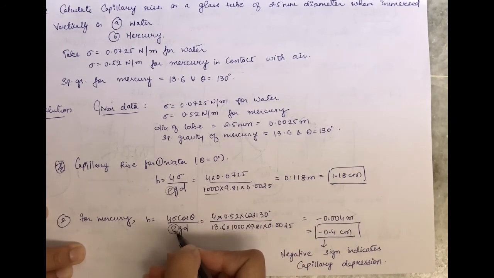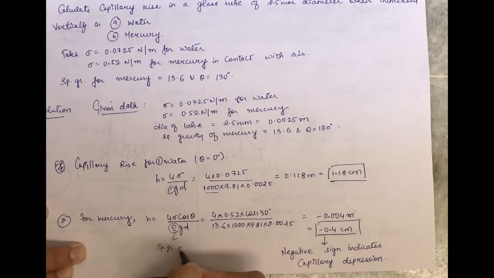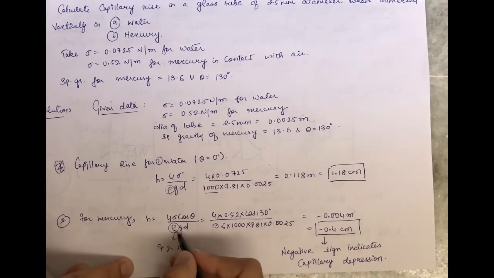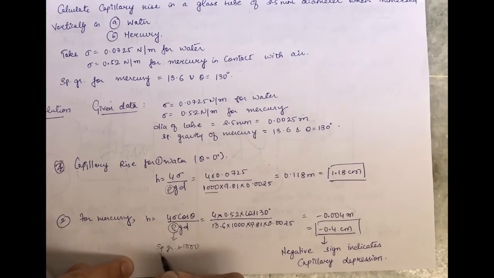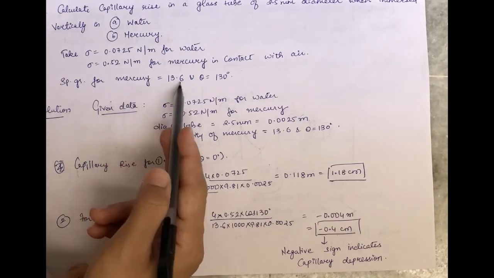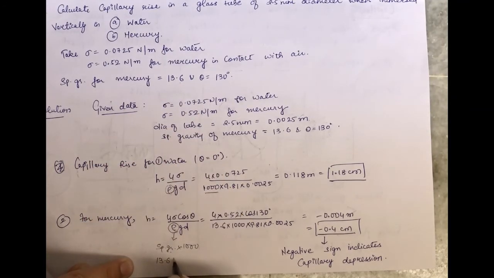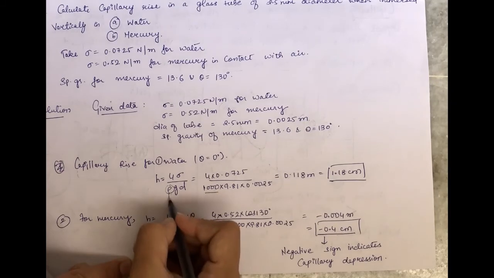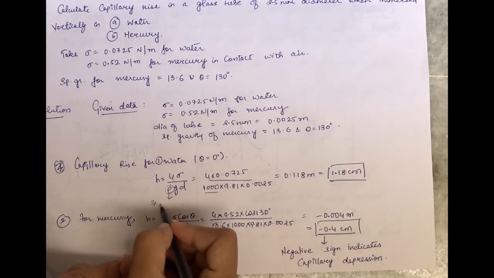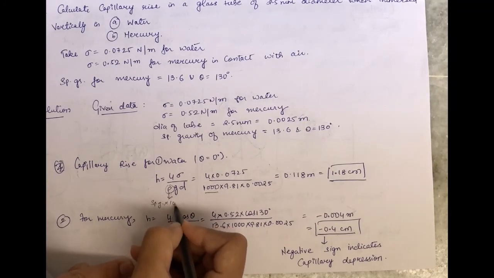We need to calculate the density of mercury, and that is specific gravity into density of water, which is 1000. The specific gravity of mercury is given as 13.6, into 1000.